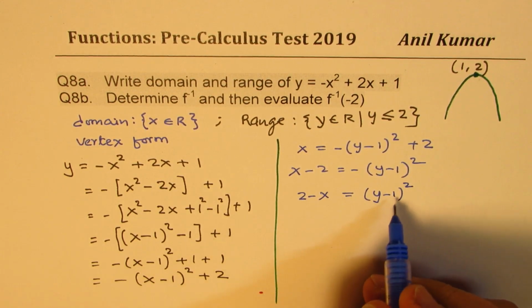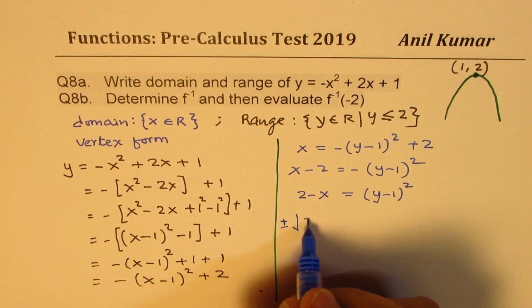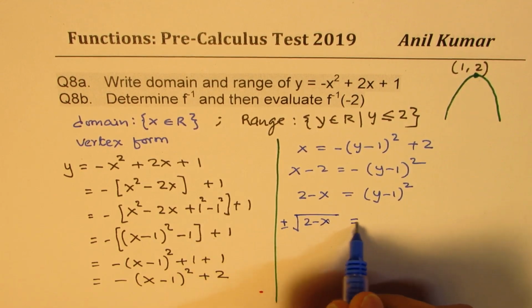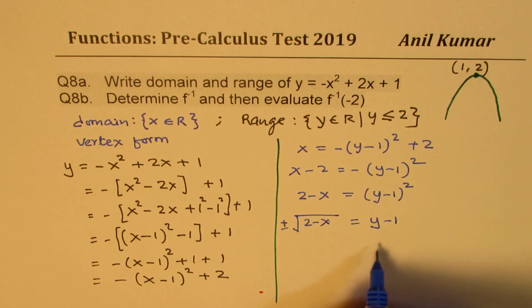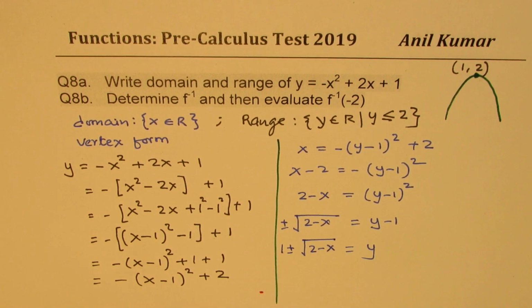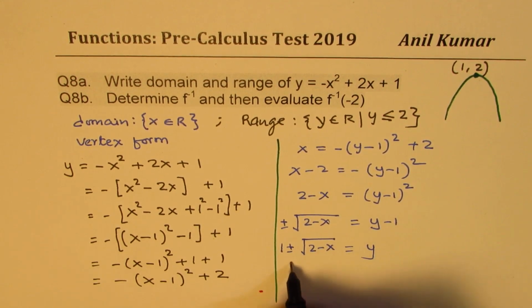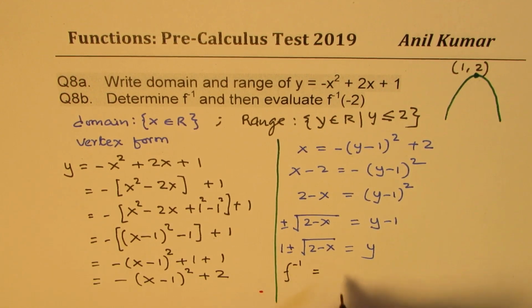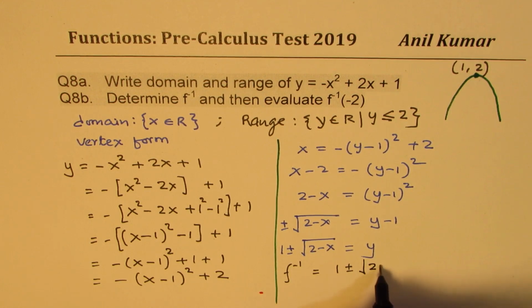Then we'll do square root, right? So when you do square root, it's plus minus square root of 2 minus x equals y minus 1, or y equals, bringing 1 here, 1 plus minus square root of 2 minus x. Correct? So that gives you the inverse. So we can write f inverse is equal to 1 plus minus square root of 2 minus x. Correct?